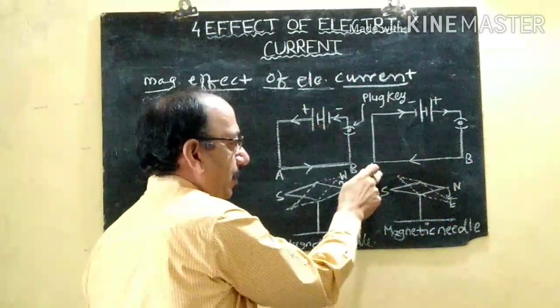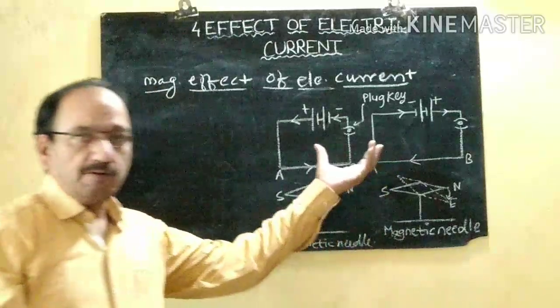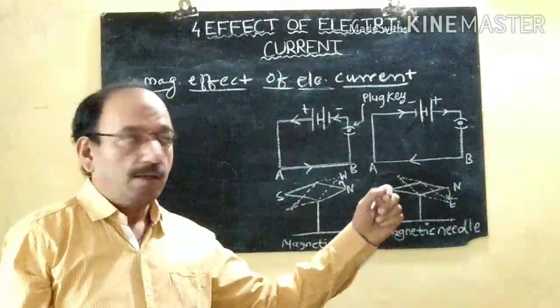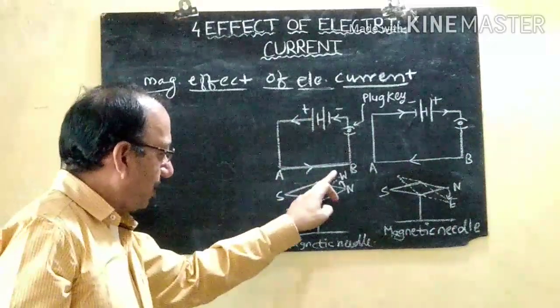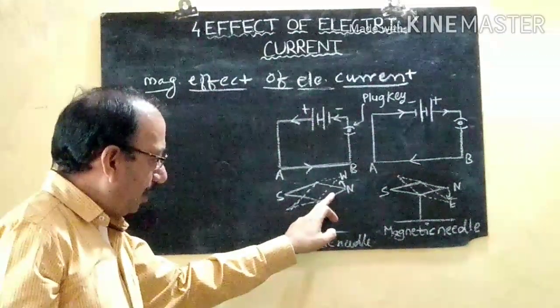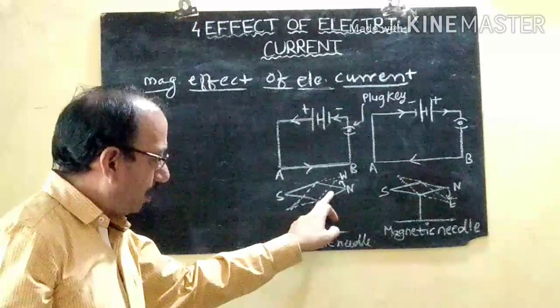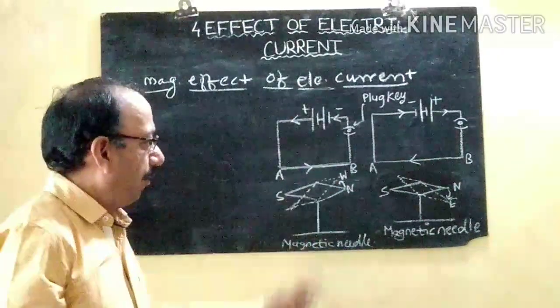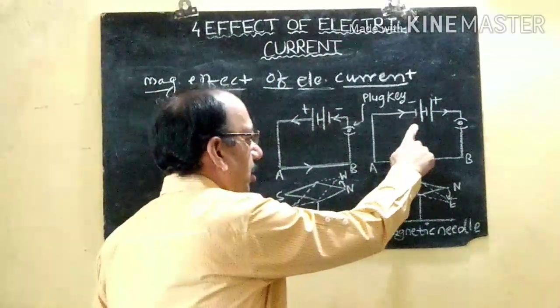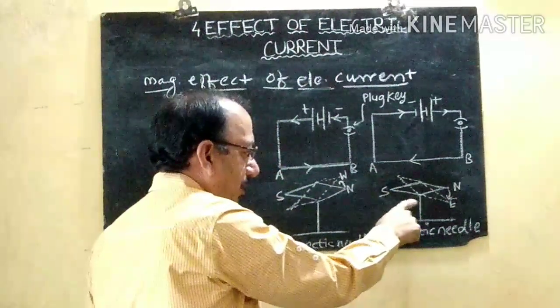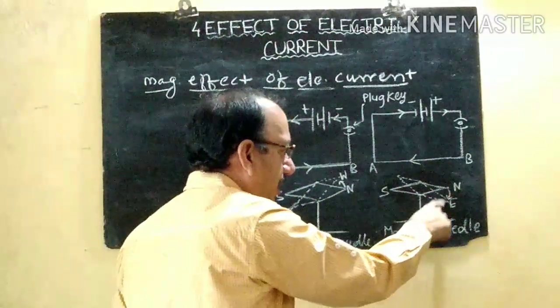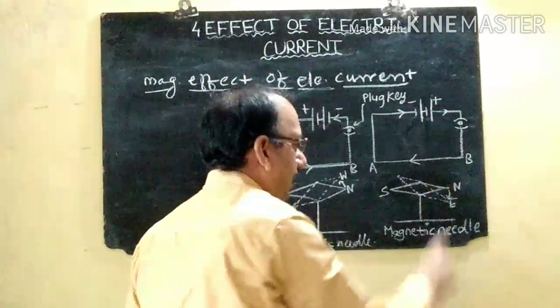AB wire. From both experiments, what you notice is that when we allow the electric current in one direction, the magnetic needle comes toward the AB wire. When we change the poles of the battery, that is, when we change the direction of the electric current, the magnetic needle goes away from the AB wire.